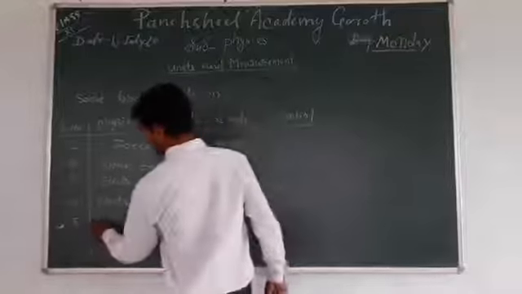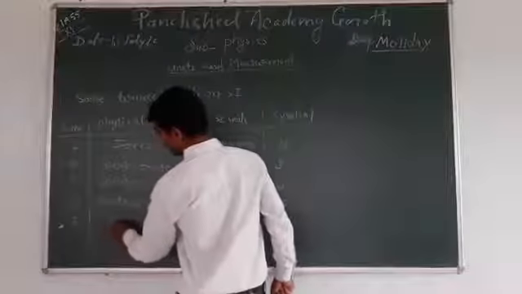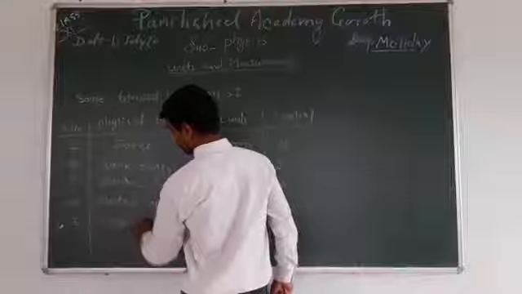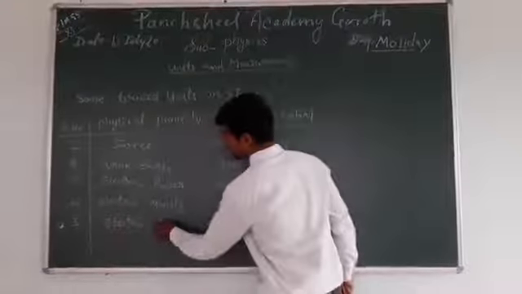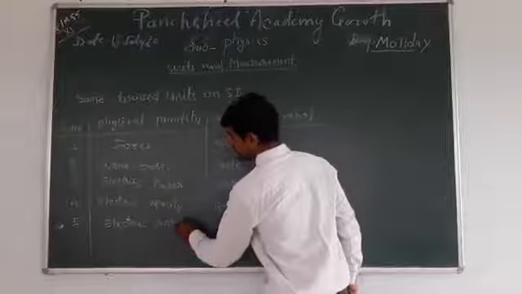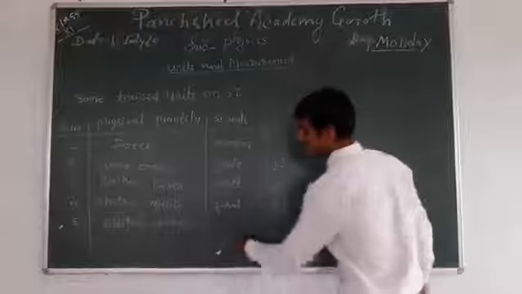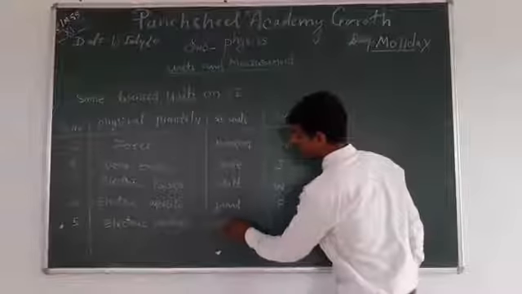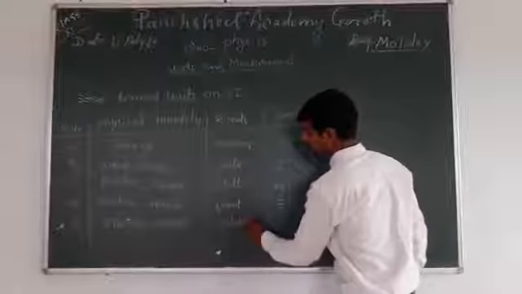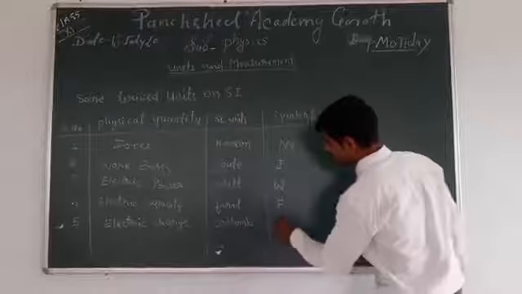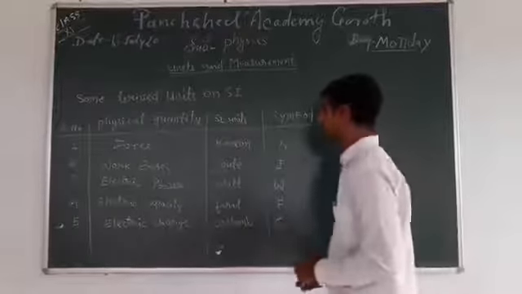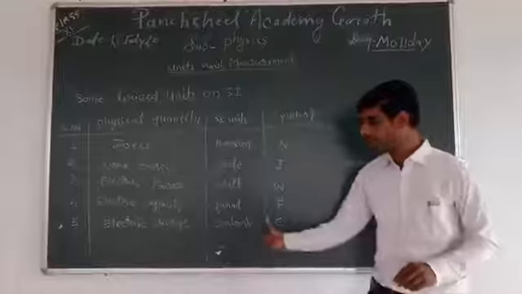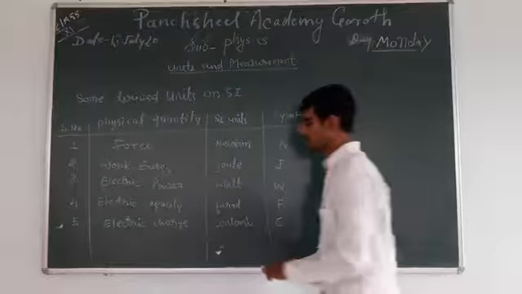One more, electric charge, and its SI unit is Coulomb. Coulomb, that is C, is the unit of electric charge.